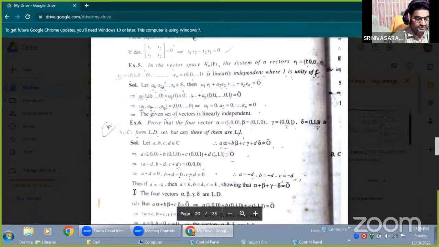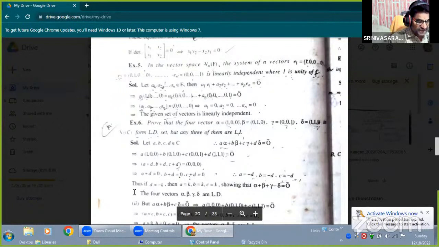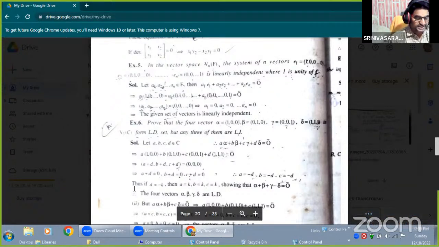V4 of F, or R power 4 of R, whatever it is. V2 of F is R square, V3 of F is R cube, V4 of F is R power 4, with 4 coordinates of the point: (1, 0, 0, 0), (0, 1, 0, 0), (0, 0, 1, 0), (0, 0, 0, 1).